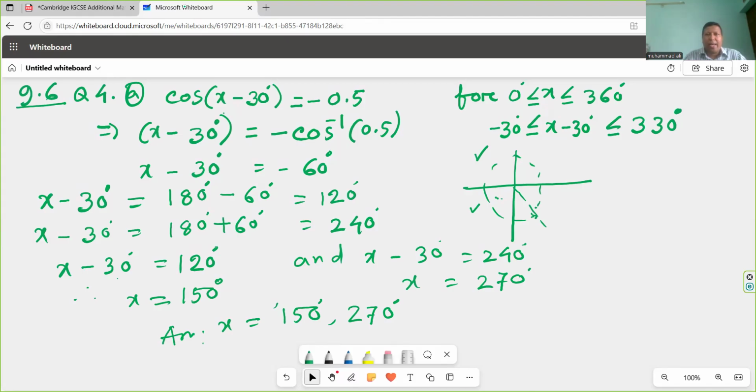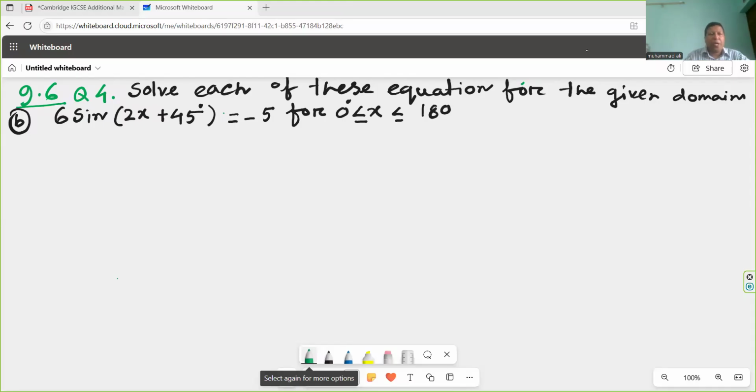Question number 4A completed. Number B, 6 sine bracket 2x plus 45 degrees equals minus 5 for x greater than or equal to 0 degrees, less than or equal to 180 degrees. So we have to rearrange this domain. Here it is 2x plus 45.